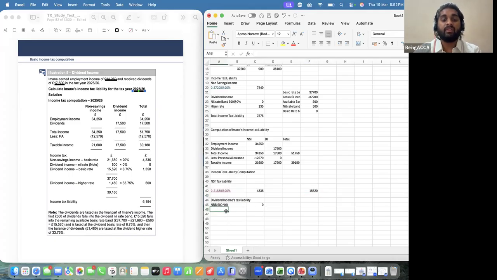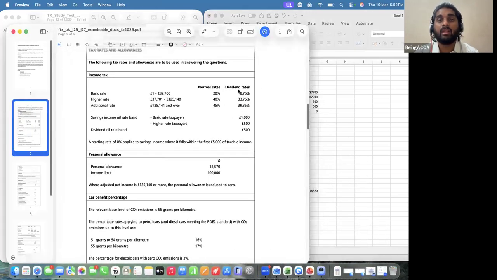So 15,520 should be taxed at 8.75%. If you're confused, take a look at the dividend rate. Honestly, guys, let me tell you, when I was preparing for my examination as well, I literally used to follow the examinable document as much as possible so that I do not have to remember all the unnecessary things, because that would lead to duplication of efforts. Okay.